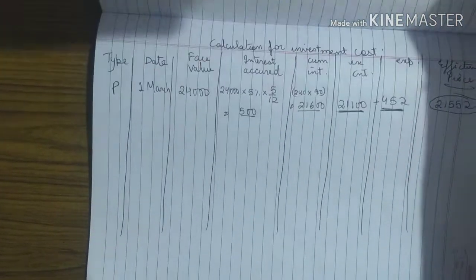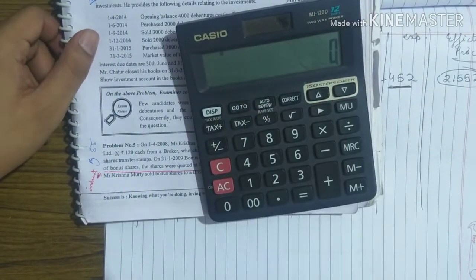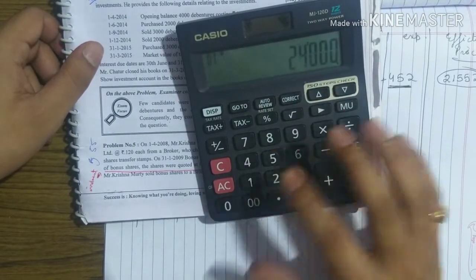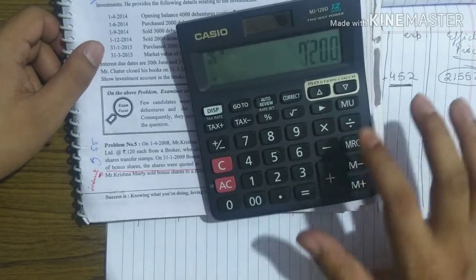What will be the interest value of 6 months? The 6 months interest value of your total holding will be 24,000 multiplied by 5% multiplied by 6 divided by 2.